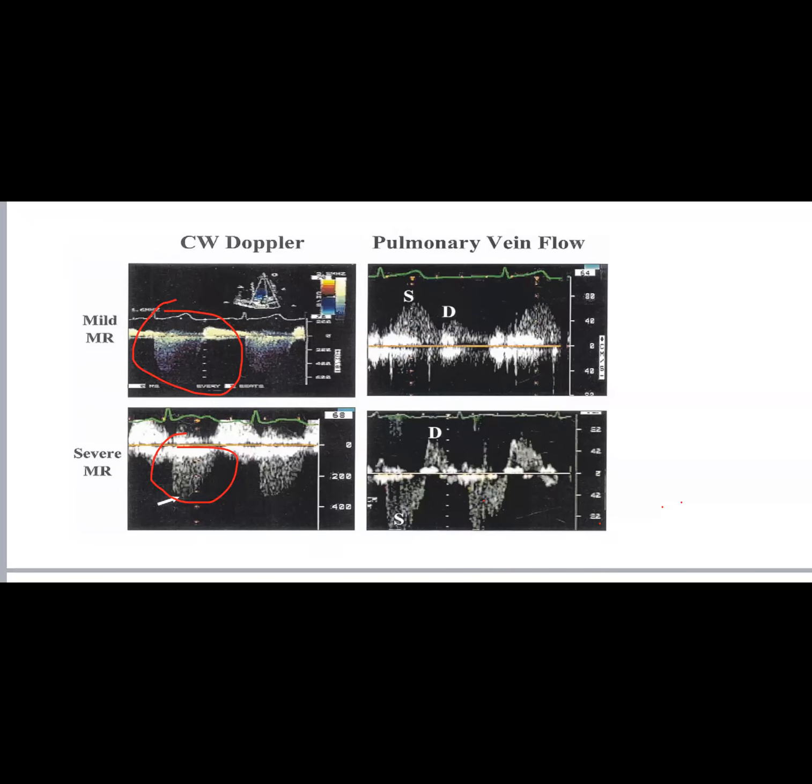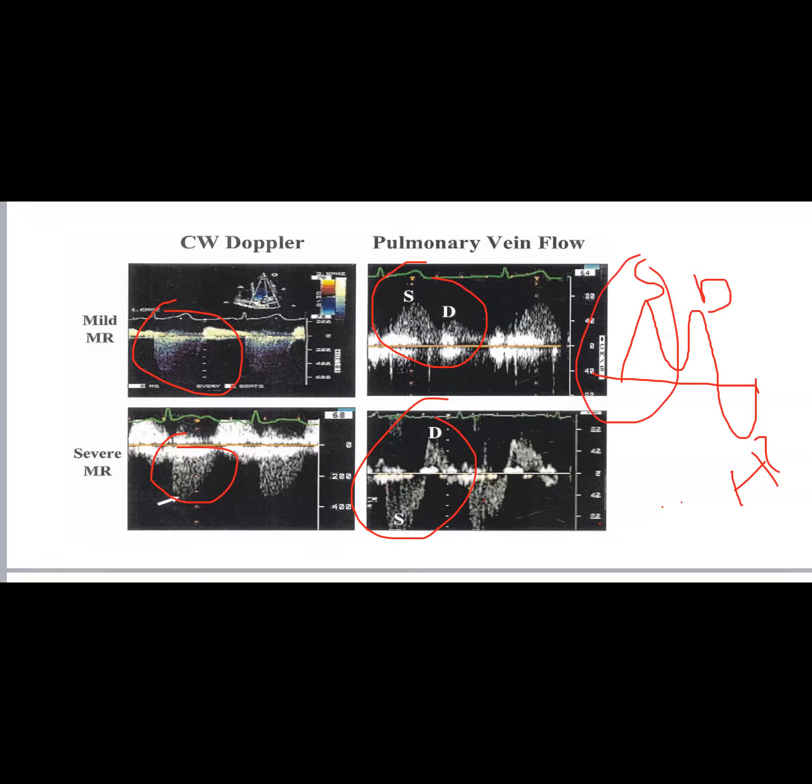Now, when you look at the pulmonary venous Doppler, what do you see? The pulmonary venous Doppler is usually S, D, and AR. S is systolic, yes, it's ventricular systolic.